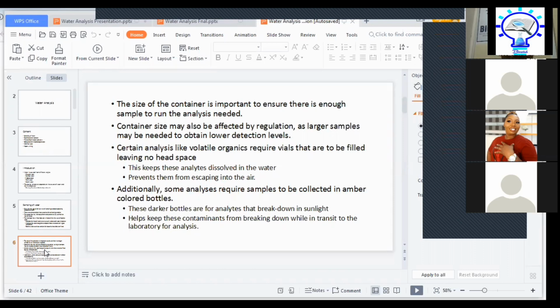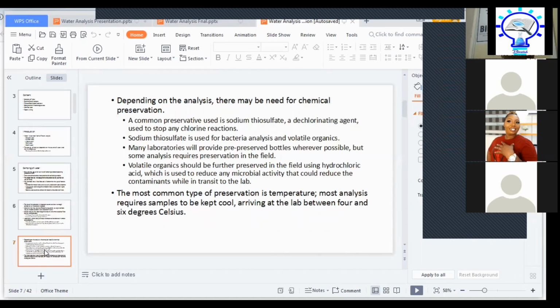So the container size is important, okay? And then again, some regulations exist that tell us about the kind of chemicals to use, like sodium thiosulfate, which is a dechlorinating agent. We use it to stop the reaction of chlorine because some people have already added chlorine to their water before we sample it.